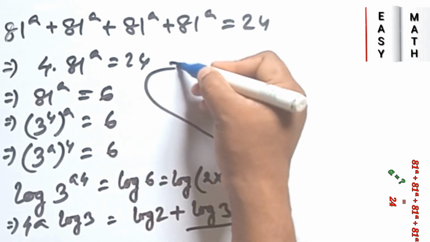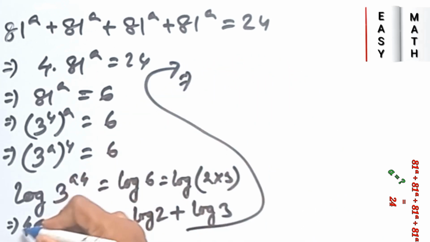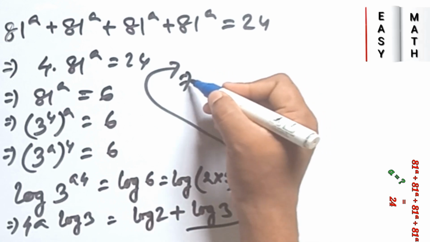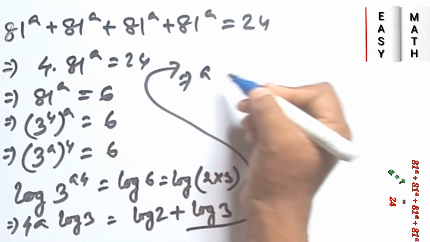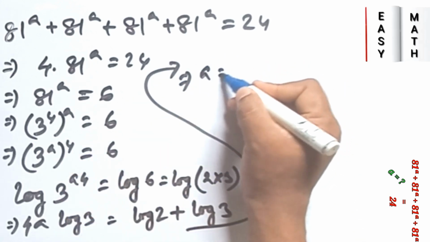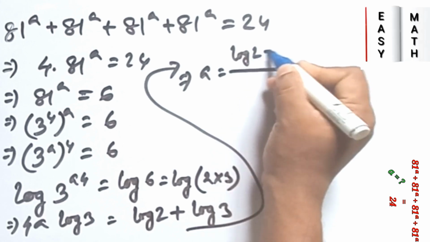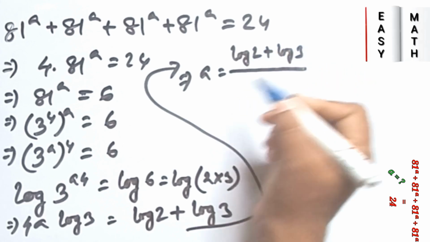And from here we can write the a is equal to, a is here, and there is the log 2 and there is the log 3.